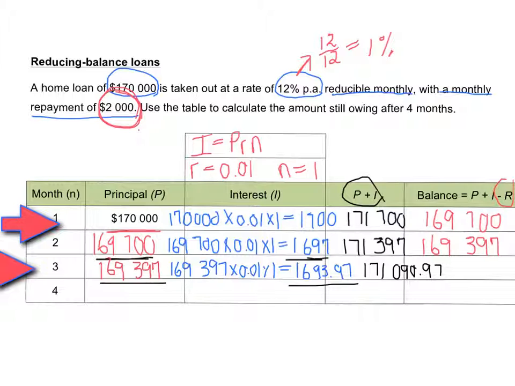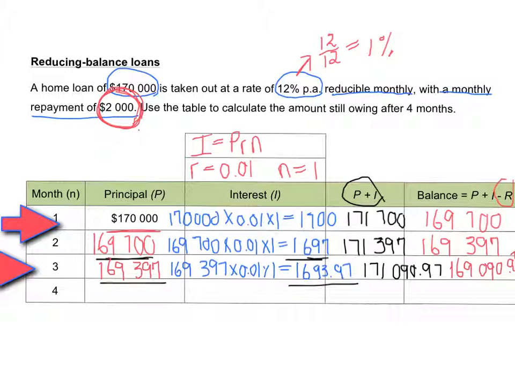Once again, I have paid $2,000 in that month. So the total outstanding at the end of month 3 is $169,090.97.